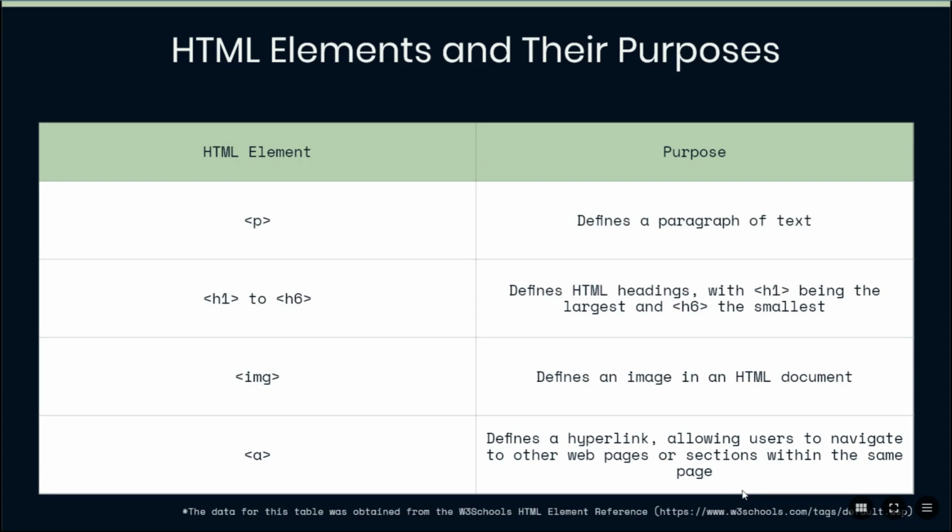H1, H is a header. So predefined, we will have different sizes of headers based on H1, H2, H3, H4, all the way to H6 is the smallest. The browser has default styles for these things, so when you put them into the markup, they will have a default appearance. We're going to be working with an image tag, IMG, and then hyperlinks is the A.